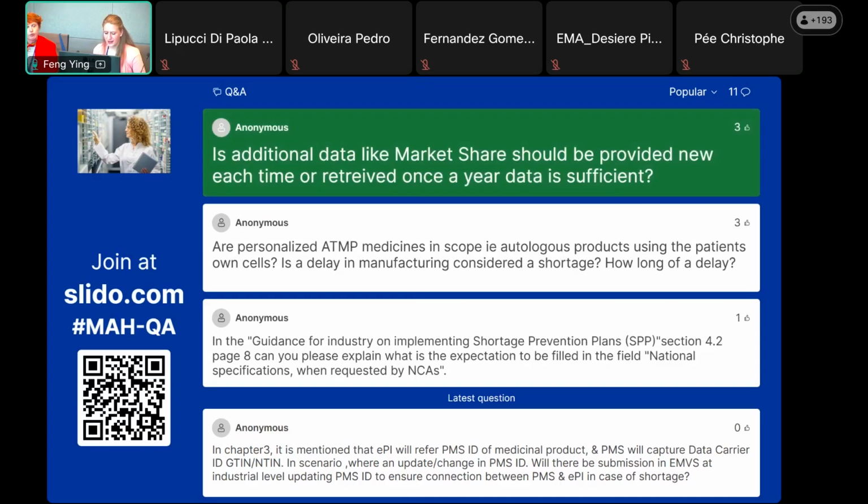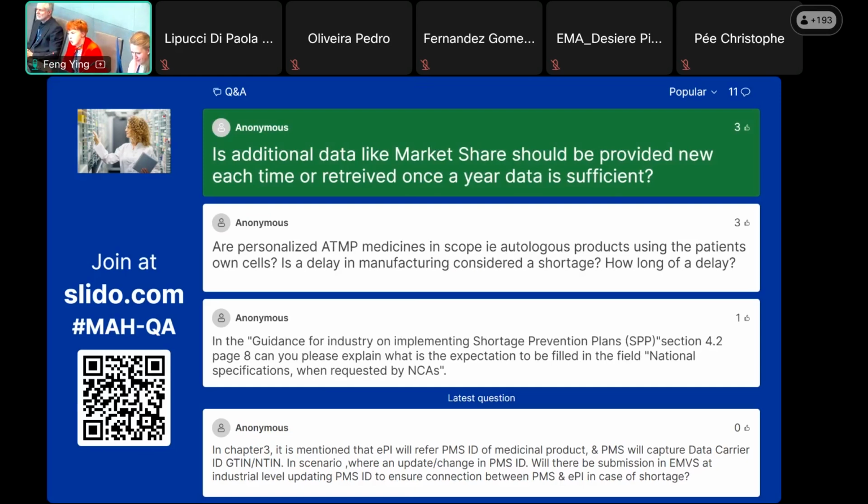Moving on to the next question. Is additional data like market share supposed to be provided new each time or retrieved once a year? Is once a year sufficient? And I can give this to Sophia. Yes, I assume you're referring to submitting data on the market share when you're submitting the routine shortage reporting, when you're actually doing the submission.